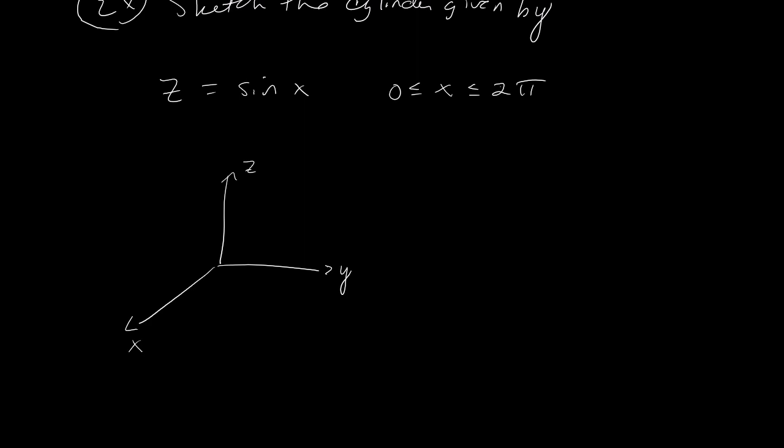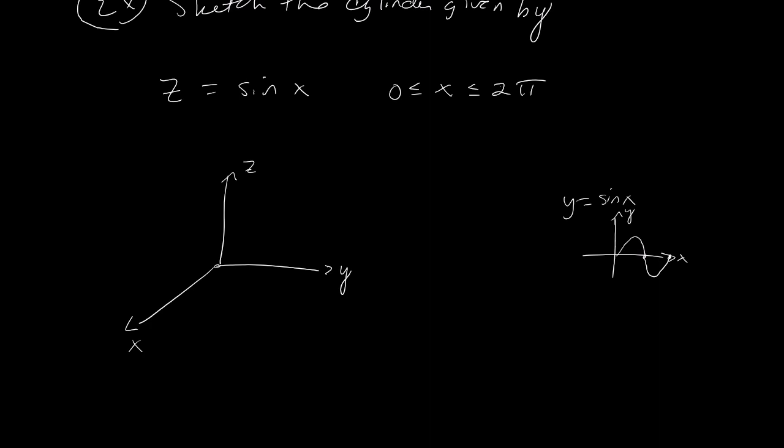This is a little bit difficult for us to get our heads around sometimes, so we want to be cautious. This is just z equal to sine x. If we had y equal to sine x in the xy plane, we know that it's going to start at 0, come up, come down, hit 0 at pi, dip below, and come back up at 2 pi.